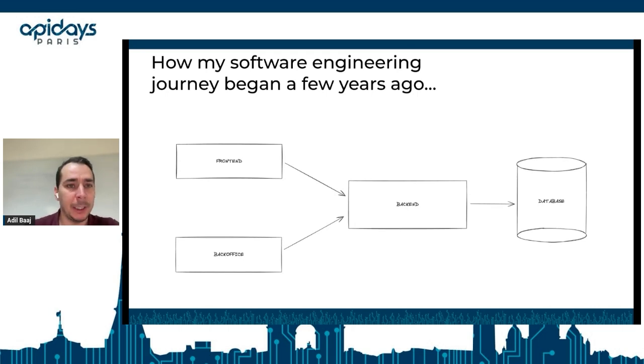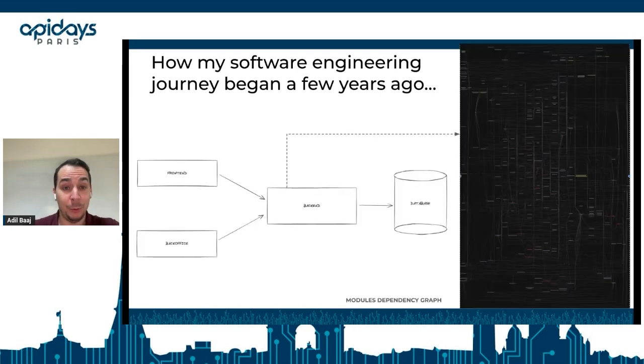So a rather classic and simple architecture. However, we had a big issue with that backend. It was really messy, and that was mainly due to the coupling that was happening in that code base. Maybe you can visualize some of that coupling in the modules dependency graph on the slide.